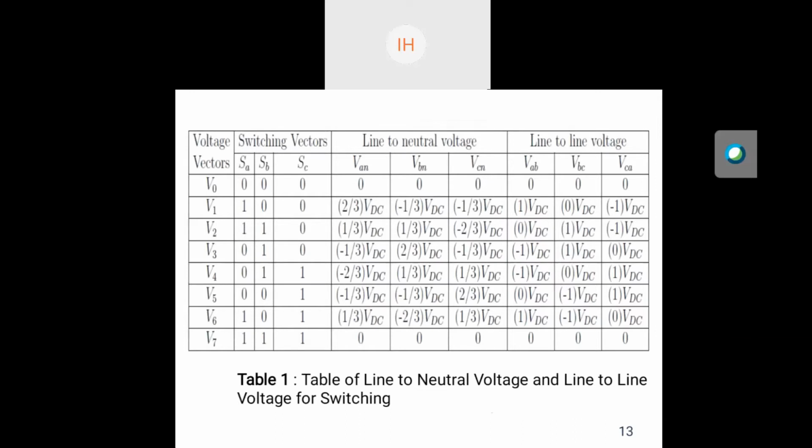As I explained in the previous slide, 100 is V1, and the voltage distribution is V_AN equal to 2/3 Vdc, V_BN equal to minus 1/3 Vdc, and so on. So all the possible switching states and respective voltage vectors are shown, and also line-to-neutral voltage and line-to-line voltage are shown here.